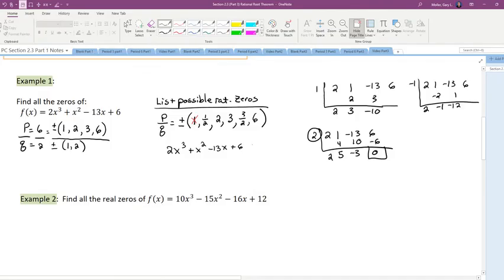And again, what am I trying to do? I'm trying to figure out when it equals 0. So if I could factor this thing all the way down, then I can just set the factors equal to 0. I found that 2 works, which tells me that x minus 2 is a factor. And the factor that goes with it is 2x squared plus 5x minus 3.